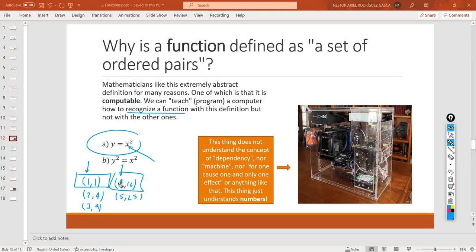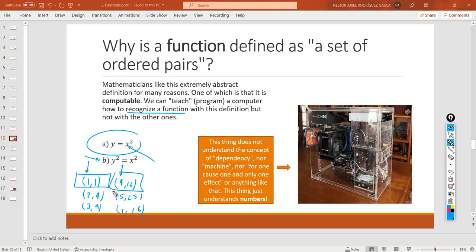And if that happens, I'm going to program the computer to recognize that that is not a function. For example, if I had (1,1) and (1,16), two different pairs with the same first coordinate, then the computer will automatically stop and say that this is not a function. You see? And that's what it would do for this one.